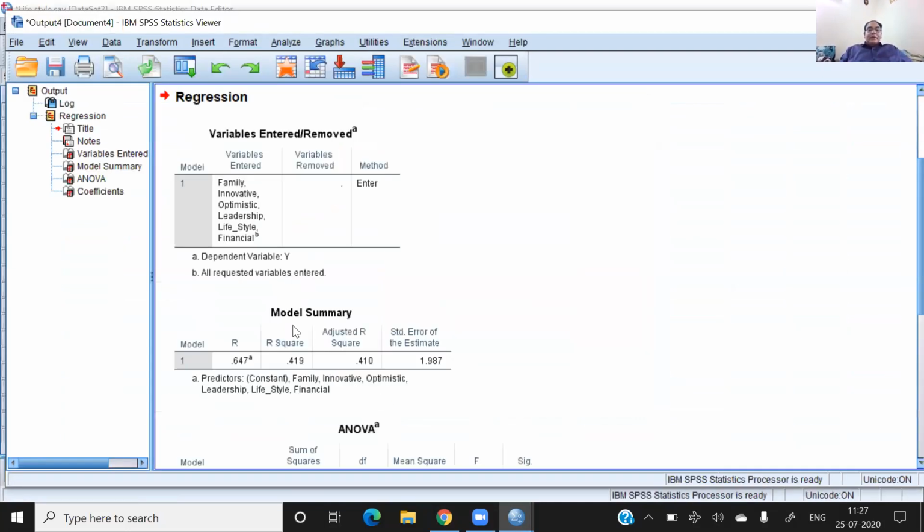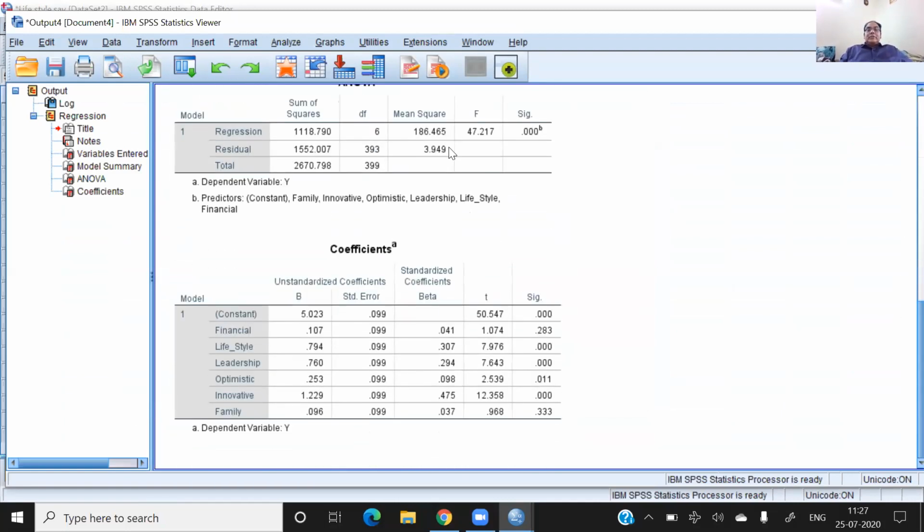Here R is 64%, R square is 41%, adjusted R square is 41%, the F statistic is found to be 47, and the p value is significant. We have the unstandardized betas and the standardized betas, and some probability values.